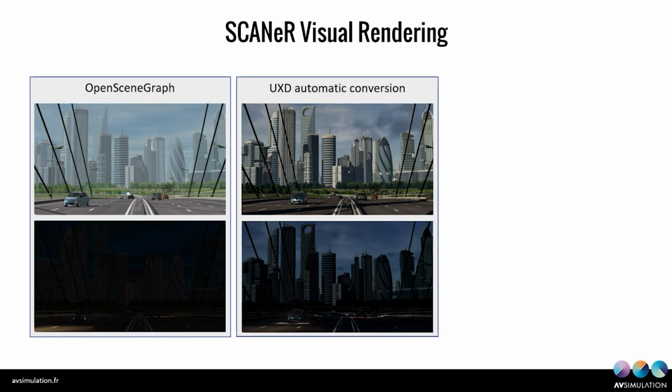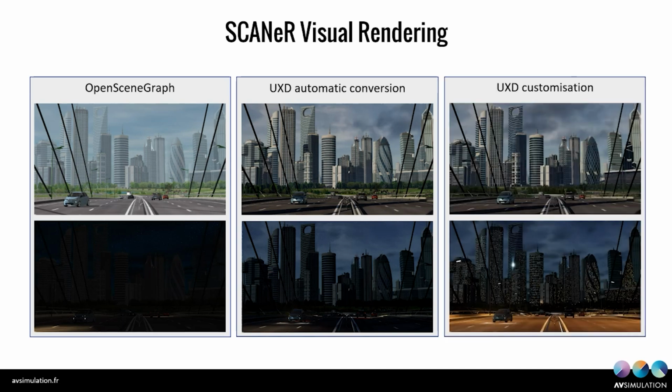On top of that, this Unreal Engine-based visual renderer accepts the customization of these assets so that you can enhance your visual rendering assets with Unreal Engine, which is great because if you have in-house some people that are very comfortable with using Unreal Engine, these people can enhance your scenarios, can enhance your environments in order to have the most realistic environments possible for your simulation.